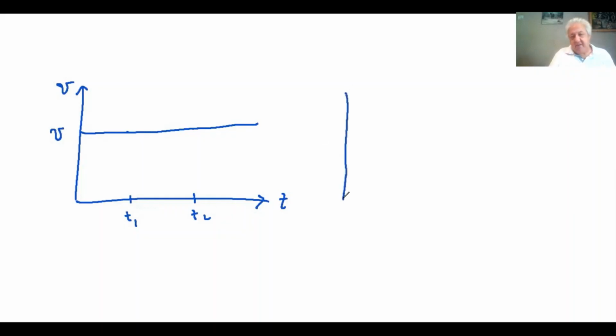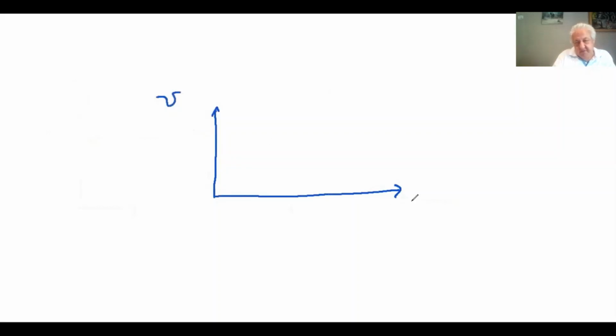Again, I cannot have a vertical line. Acceleration cannot be infinite. So a vertical line like this is again impossible, since this represents infinite acceleration. The logic is the same as for the distance time graph, which is why I'm doing it fairly quickly. Another thing which is impossible is this.